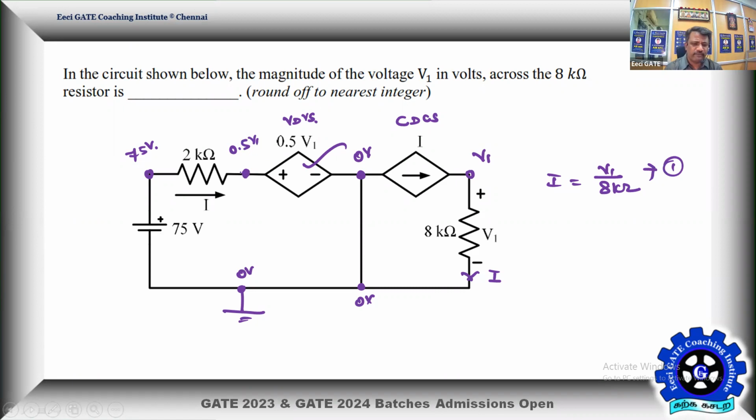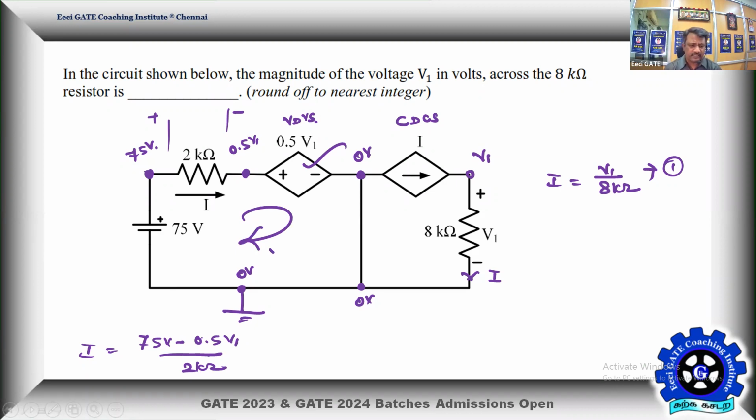So this is 0.5 V1 and this is 75. So the drop across this will be, assuming this is higher, this is lower, I can write another equation. I is equal to 75 volts minus 0.5 times V1 divided by 2 kilo ohms. That's another equation. You can also write a KVL for this. That is also going to give such an equation. I into 2K is equal to 75 minus 0.5 V1.